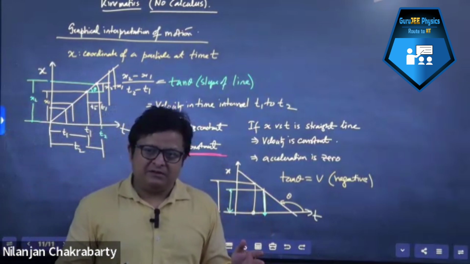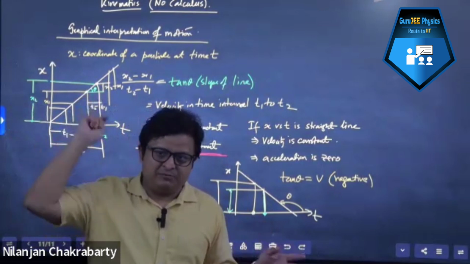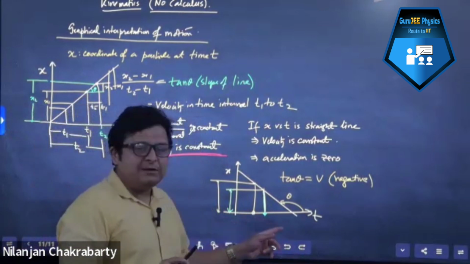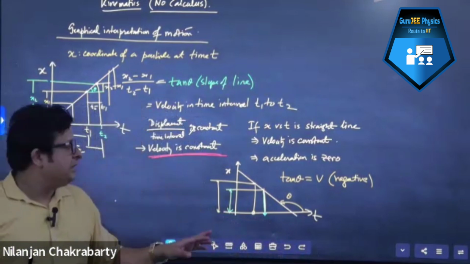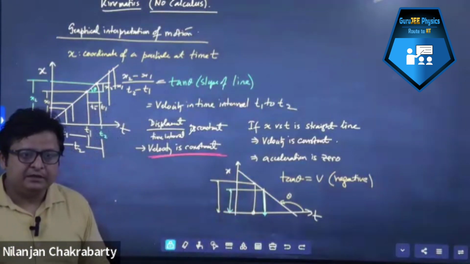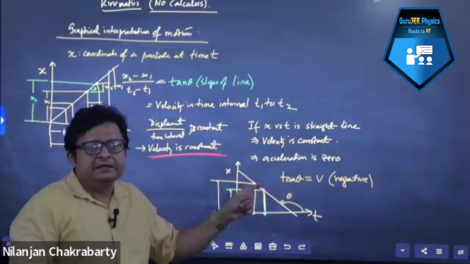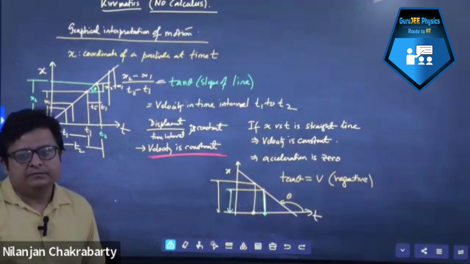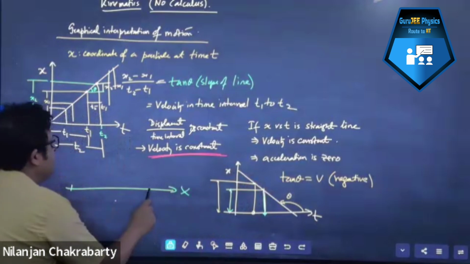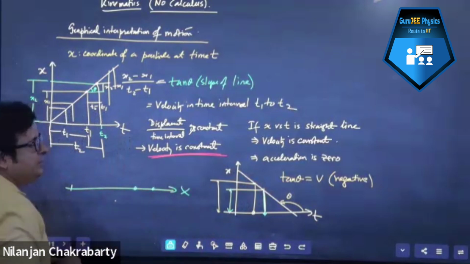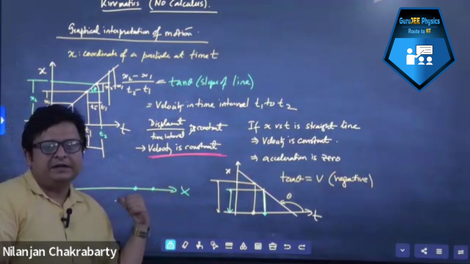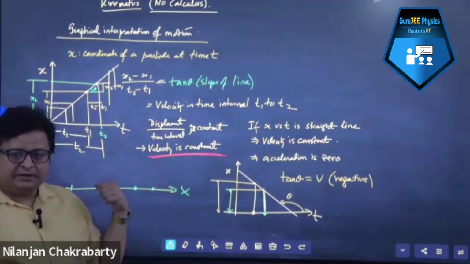Time increasing and x decreasing. What does that mean? x decreasing means what? On the x axis, it moves this way. Where is the particle moving? Towards the negative direction of x. Got it?